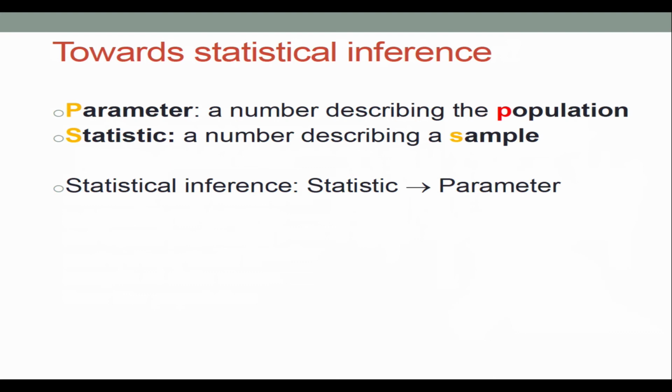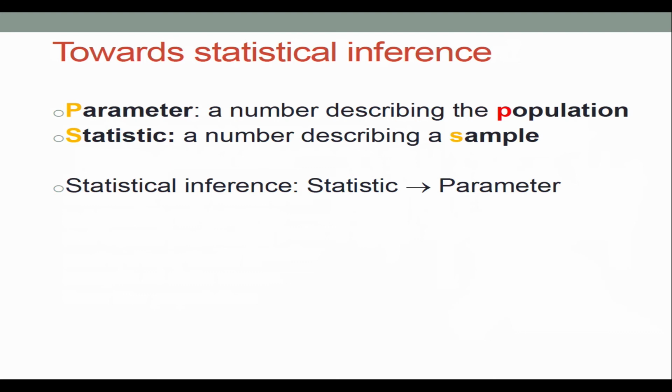A statistic is a number calculated using sample values. So a parameter is about the population, and a statistic is about the sample. We want to draw inferences from statistics calculated from the sample about the parameter which describes the population.